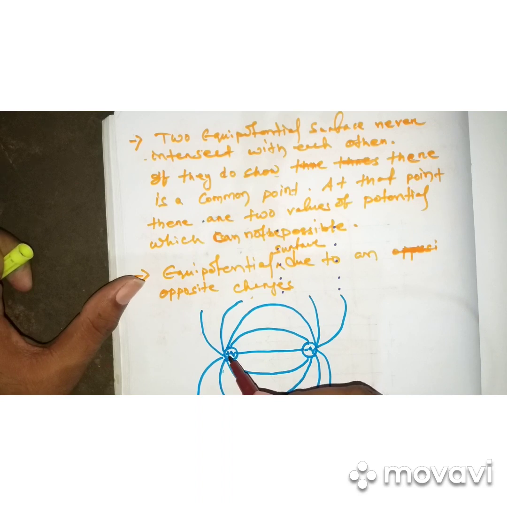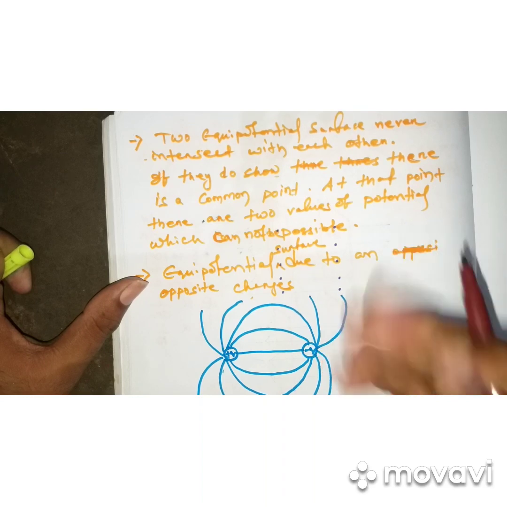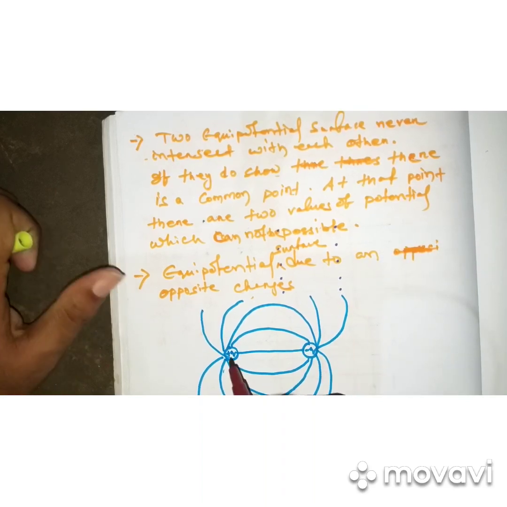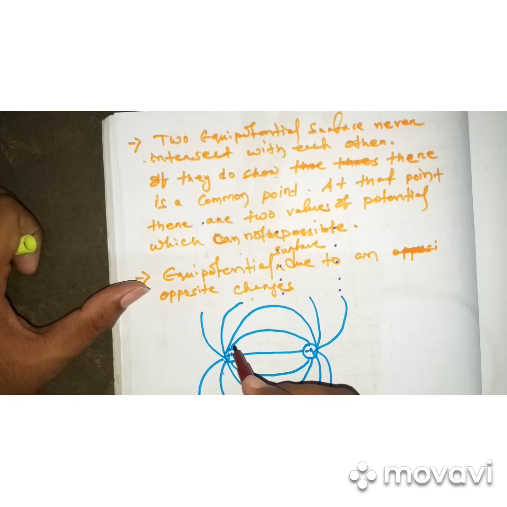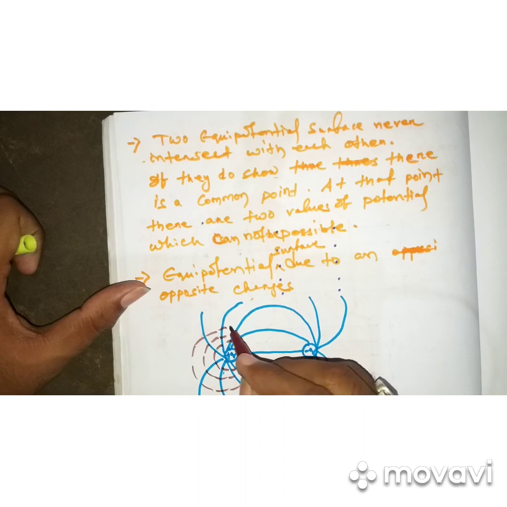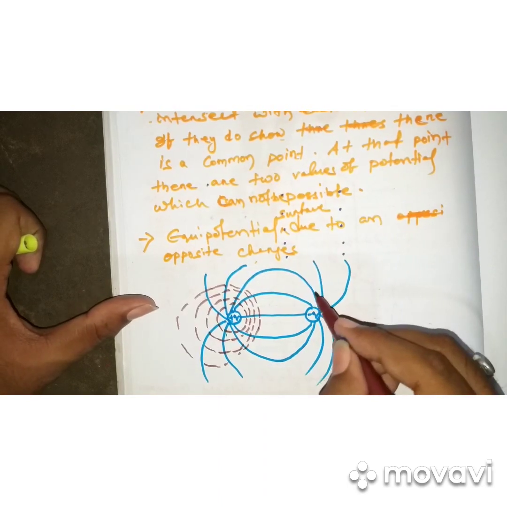The positive charge spreads electric field lines radially outward, and the negative charge attracts the electric field lines towards it. So the positive charge, being a point charge, generates an equipotential surface that is spherical, like that. Similarly, this one also.